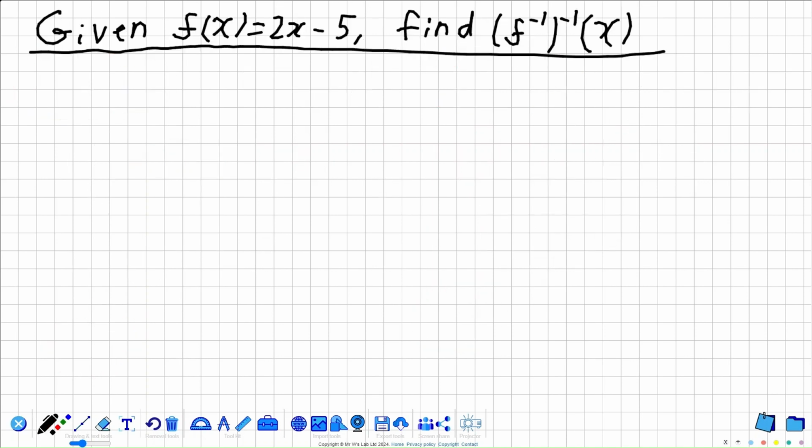Alright, so we've got an interesting one here where we've got to find the double inverse of a function. To do this, first we have to find f inverse.